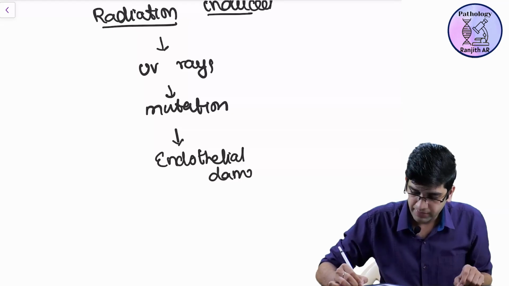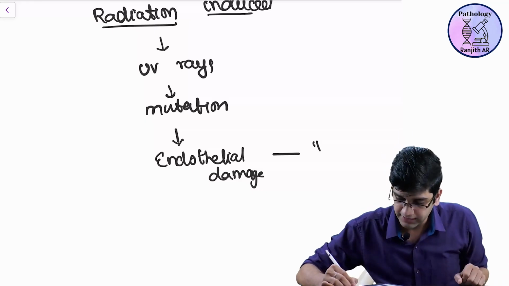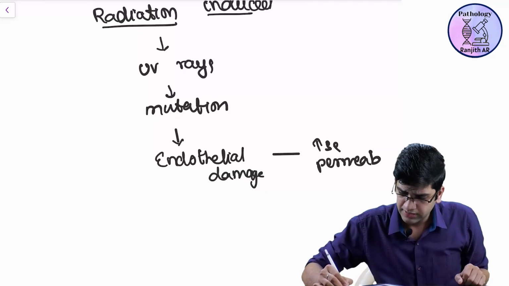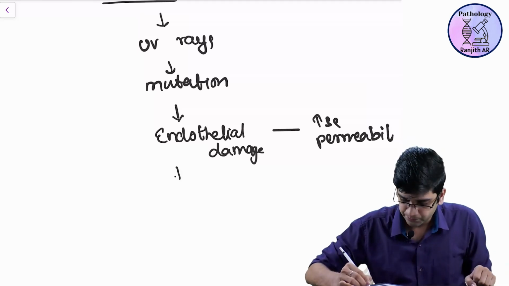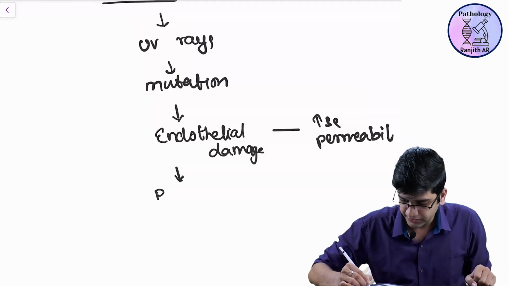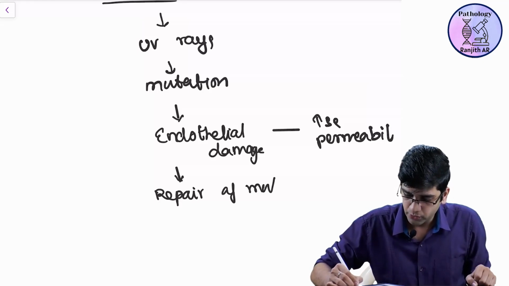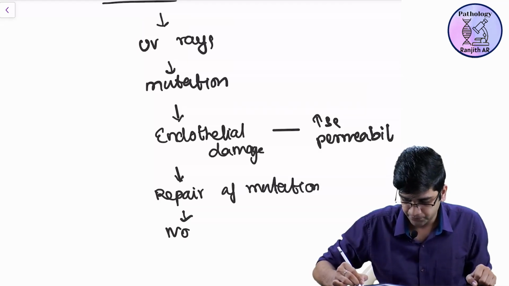The endothelial damage is a time where I have the increased permeability. It's just a mutation, right? Any mutation in my body is automatically going to repair. Then I'll have the repair of the mutation. When I have repair of the mutation, it comes back to normalcy again.